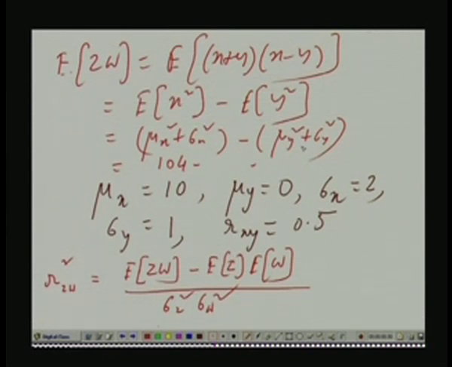In fact mu y is given to be 0, sigma y squared is given to be 1, so 104 minus 1, which is 103. So you put those here: 103 minus E z times E w. E of z was 10, E w was 10, divided by sigma z squared and sigma w squared. Sigma z squared is 7, sigma w squared is 3. So 103 minus 100, that is 3, 3 by 7 into 3, so it is 1 by 7.